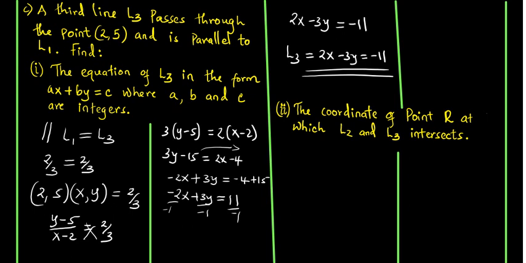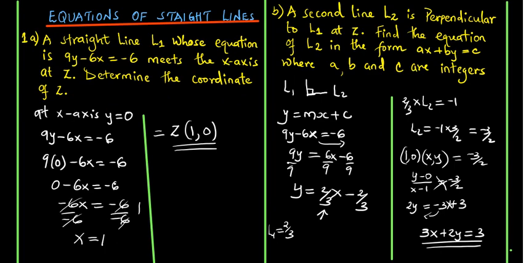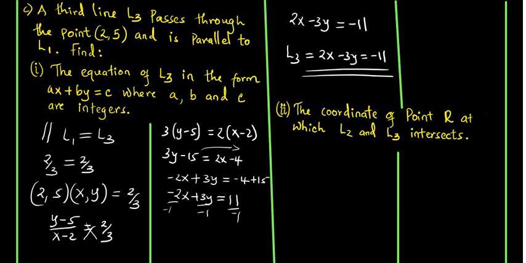So we have to solve these two equations simultaneously to get the values of x and y, and that will become the coordinate of point R. We write the equation for line 2, which was 3x plus 2y equals 3, and the equation for line 3 was 2x minus 3y equals negative 11.